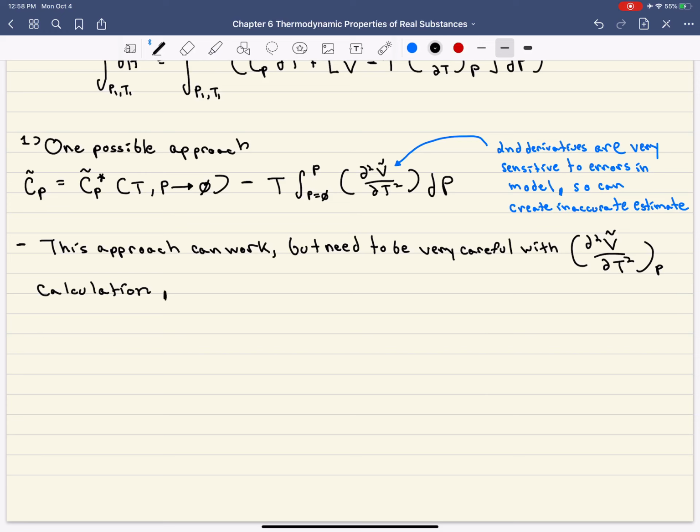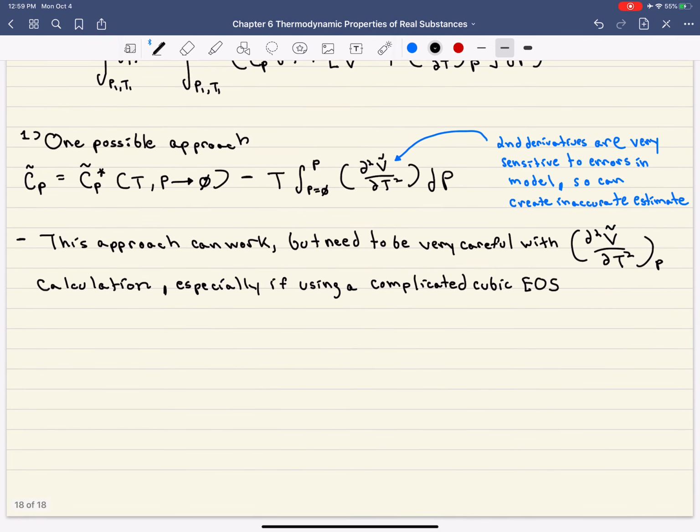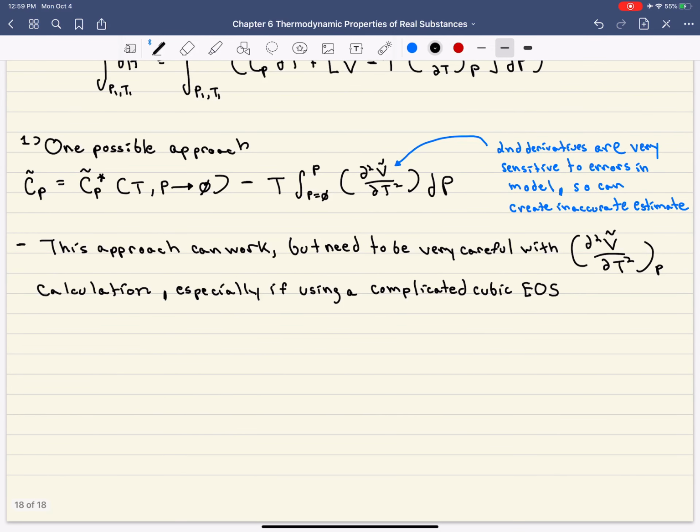This is especially true if you start using some of those more complicated equations of state, like the Peng-Robinson, or something that's a cubic equation of state. Dealing with second derivatives is kind of risky, and if we can, we would want to use a method that allows us to avoid taking second derivatives.